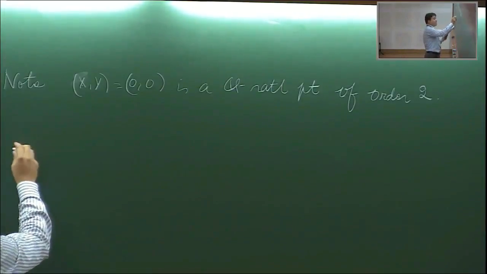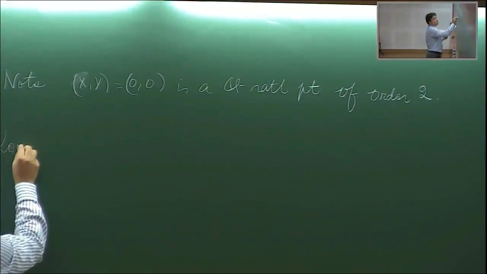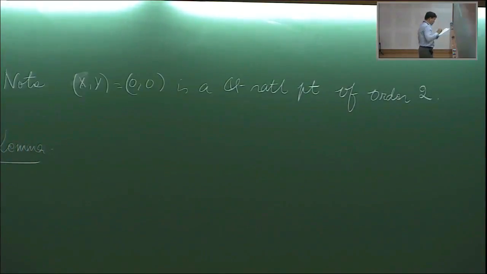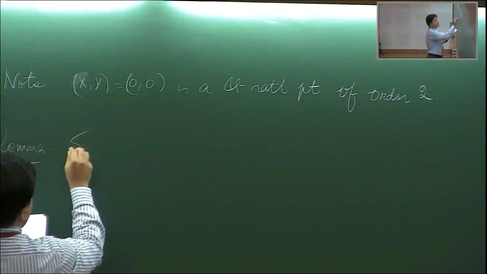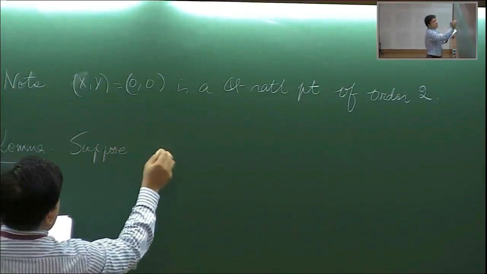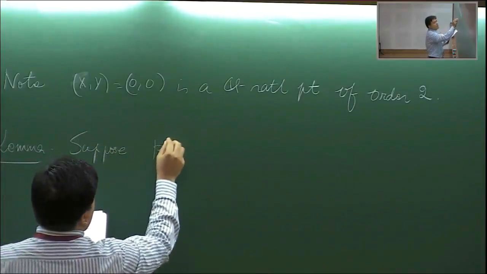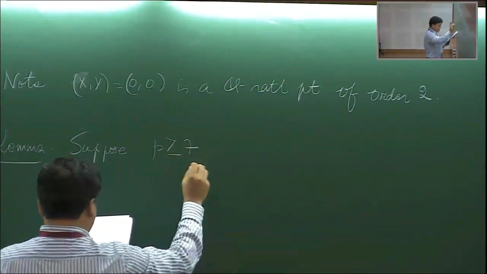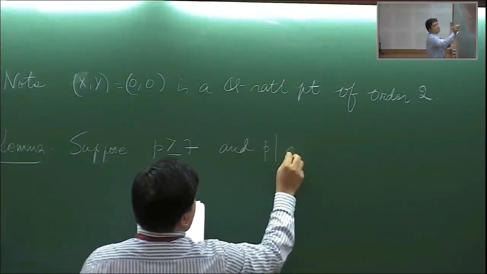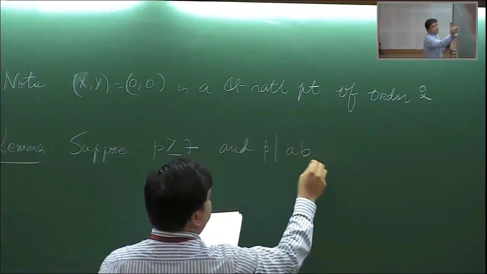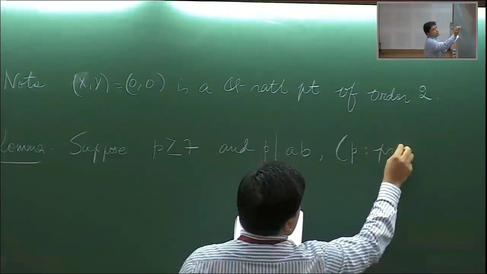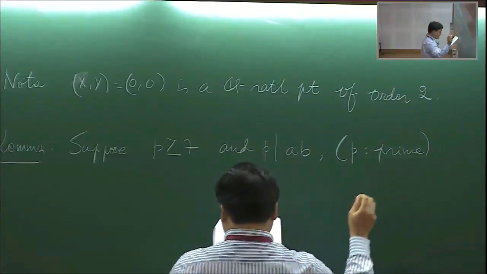Now let's make one more observation. Lemma, about the nature of this curve. Suppose, recall that I have p bigger than or equal to 7, and p divides ab, where p is prime. This is something very basic.